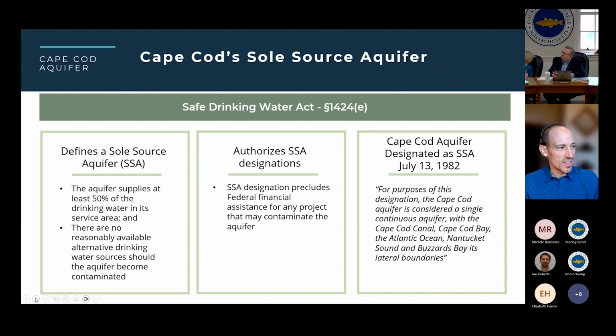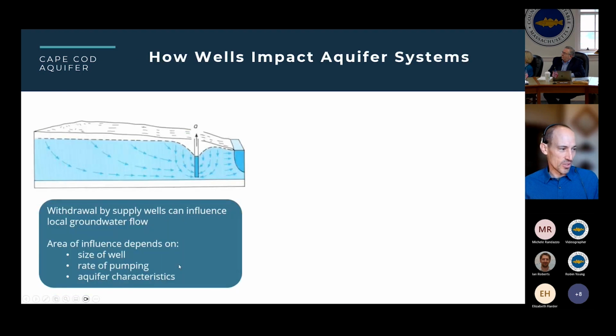Okay, so that covers the aquifer basics portion of things. We're going to start to move into the aquifer through the lens of it as a drinking water resource, and we'll start with looking at wells in general and how they impact aquifer systems. Again, we're looking at a similar conceptual diagram to last time, where you have precipitation that can fall anywhere on the land surface.